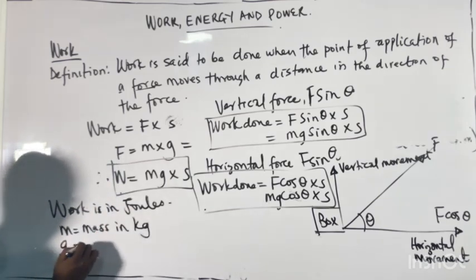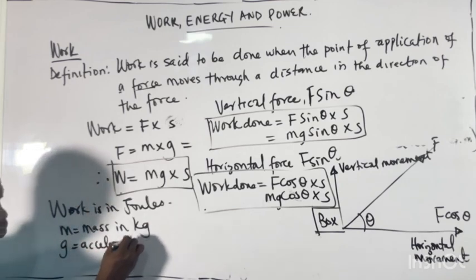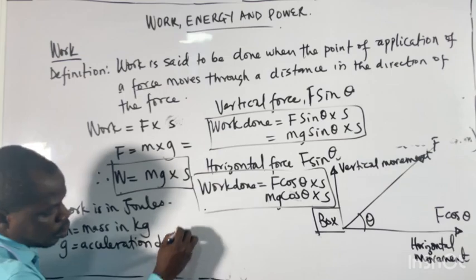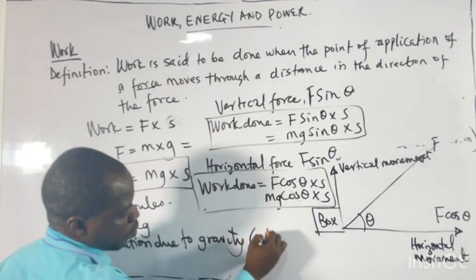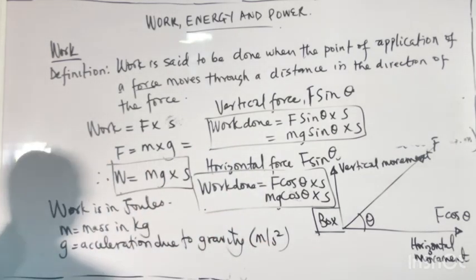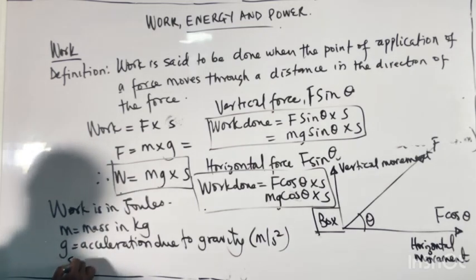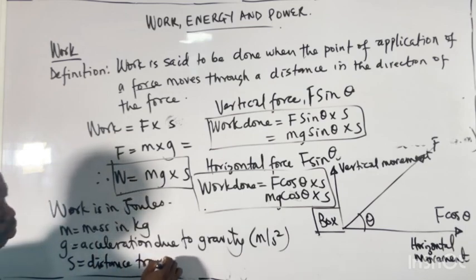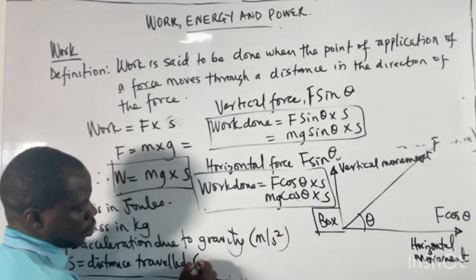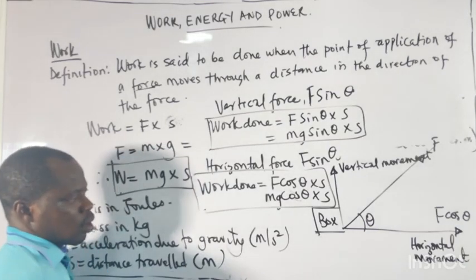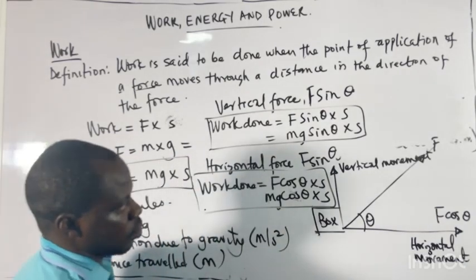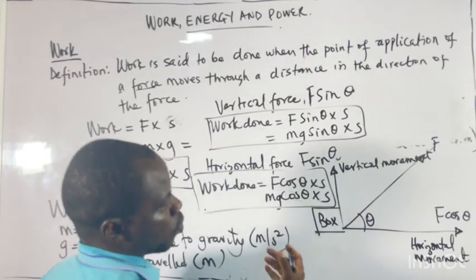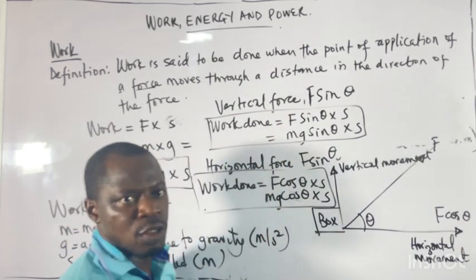We have G, which is equal to acceleration due to gravity, in meter per second squared. And we also have X, which is the distance traveled or distance covered in meters. Now, these are the things that we need to understand as far as work is concerned. You can see the way it has been explained to you before we move straight into various questions.